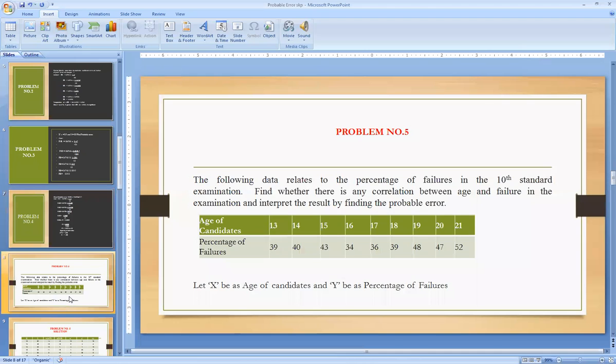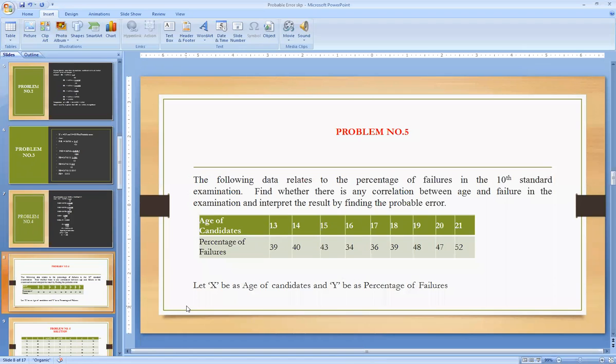Next we'll go for the 14 marks question. See the question: the following data relates to the percentage of failures in the 10th standard examination. Find whether there is any correlation between age and failure in the examination and interpret the results by finding the probable error. Now we have to calculate the correlation coefficient between age and failures.